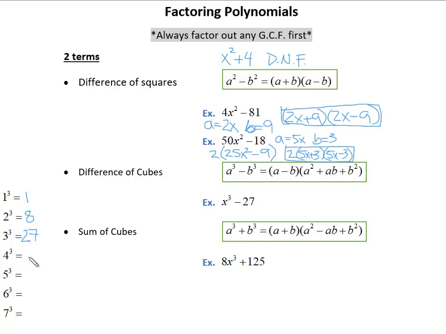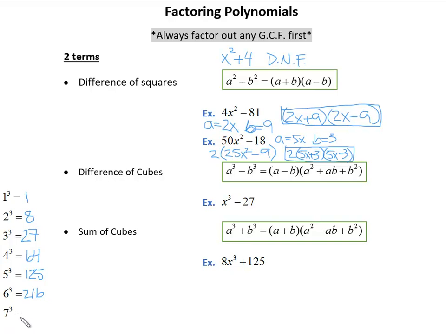4 times 4 is 16. Times 4 again ends up being 64. 5 times 5 is 25. Times 5, if you have 5 quarters, that's $1.25, so 125. 6 times 6 is 36. Times 6 again ends up being 216.